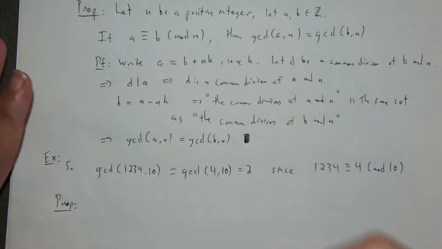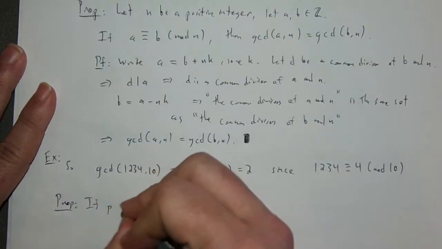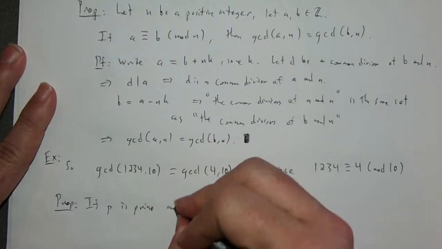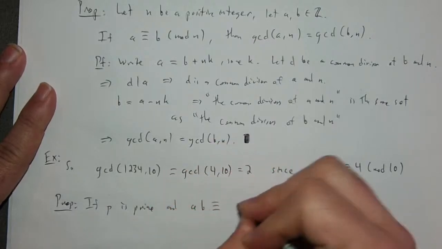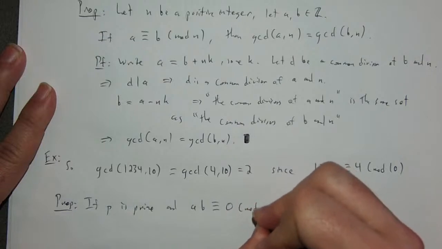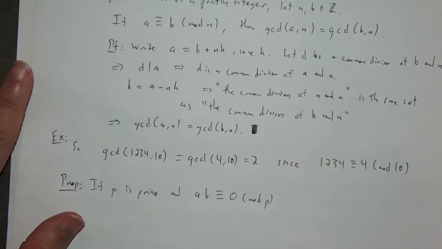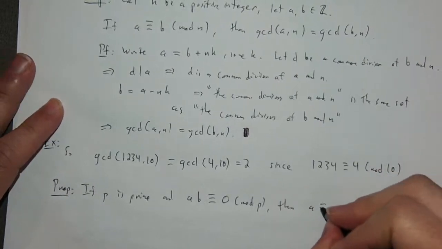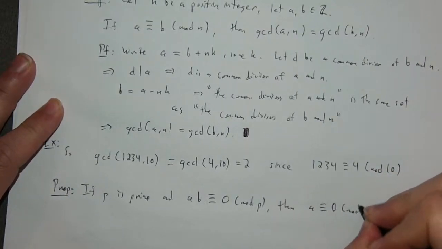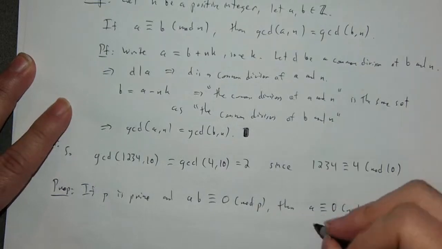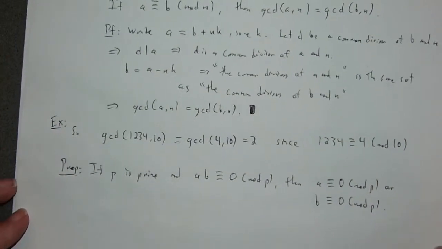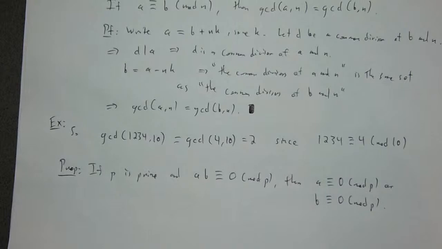So anyway, let's do another proposition. If P is prime and A times B is congruent to 0 mod P, then A is congruent to 0 mod P, or B is congruent to 0 mod P. Phrased in more elegant language, what is this saying?